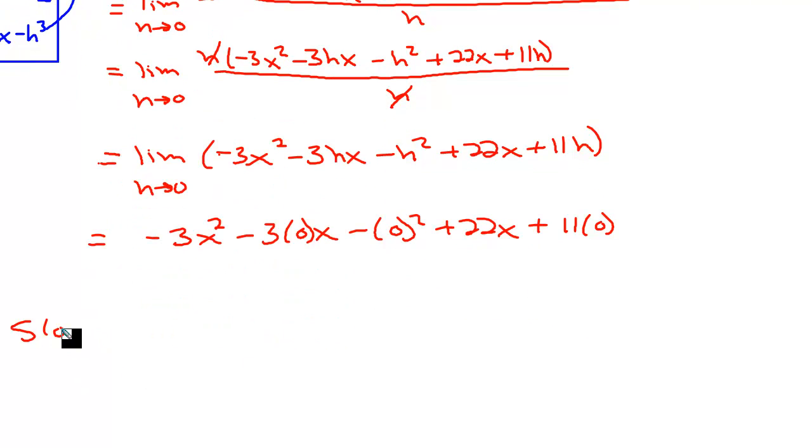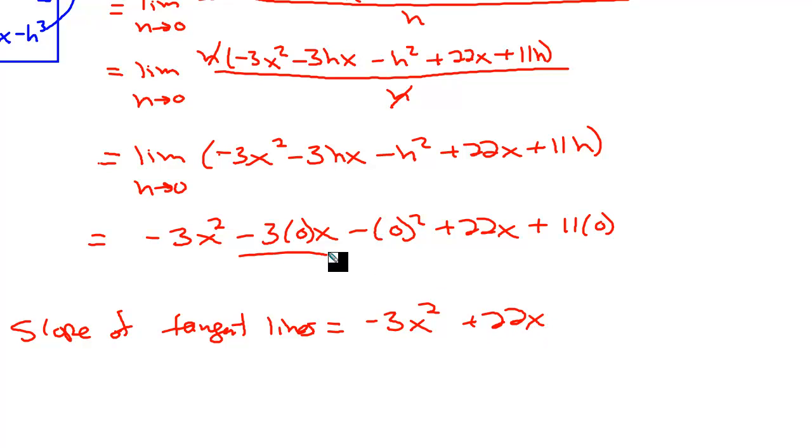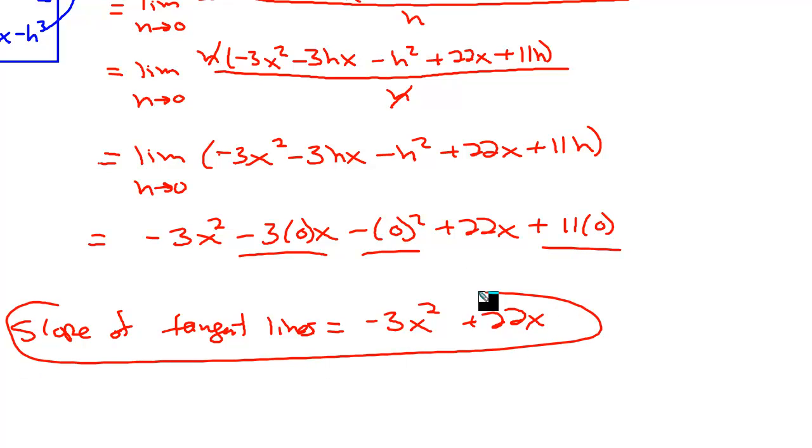That gives us a final answer of slope of tangent lines equals negative 3x squared plus 22x. These three terms all end up being 0.